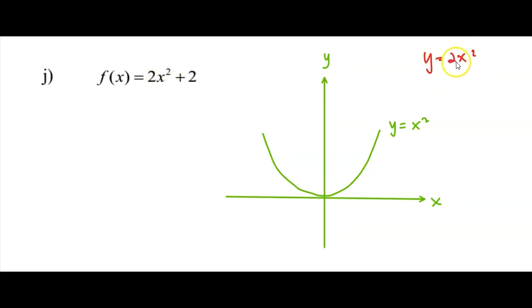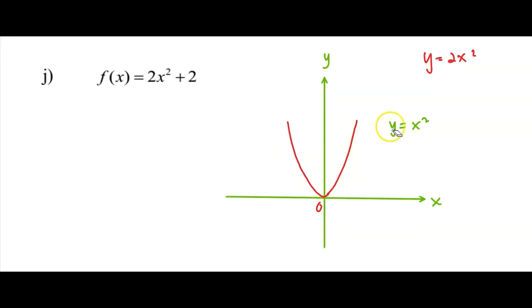The coefficient of x squared is 2, which is higher than the coefficient in y equals to x squared. So it will be a little bit steeper compared to y equals to x squared, but it still will be a parabola shape and passes through the origin.